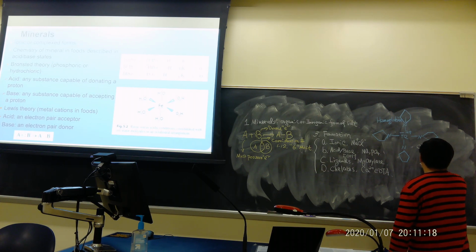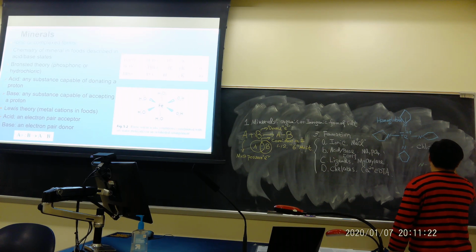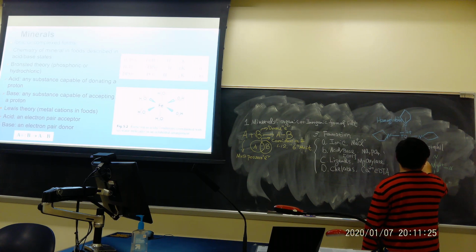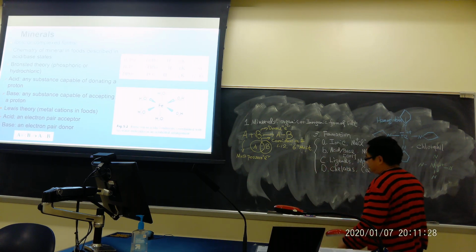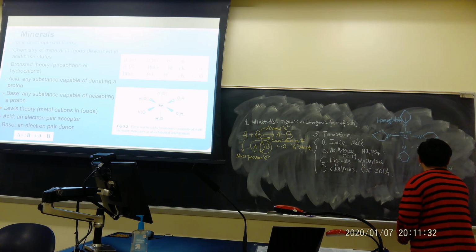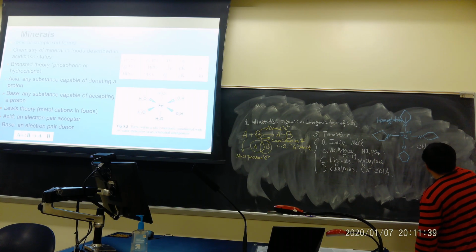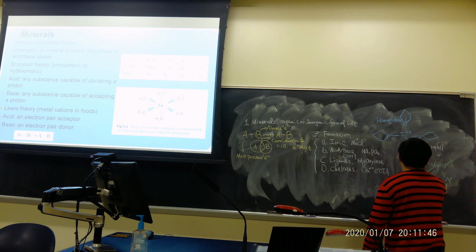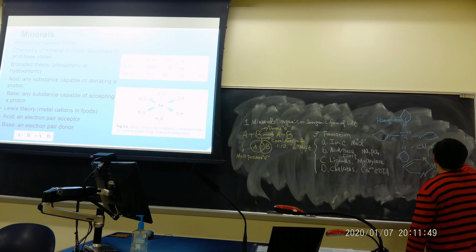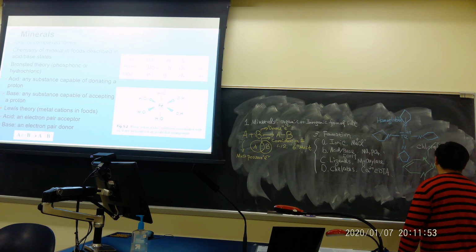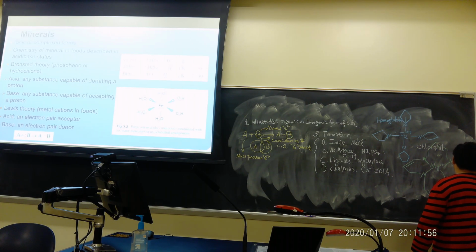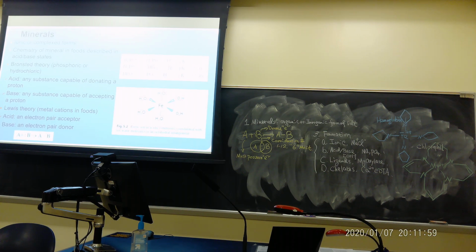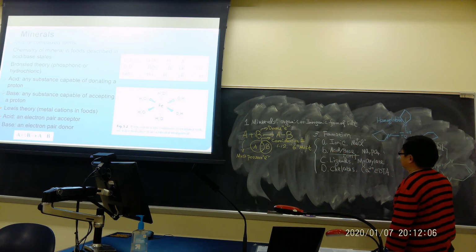Then you also have these 4, in different positions. Magnesium chlorophyll and hemoglobin, those are the two examples of the acid base combined. Okay?